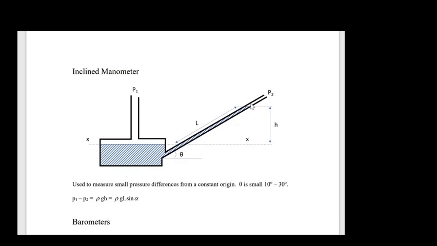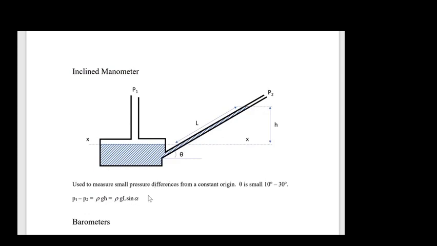So the change in length here is obviously related to the change in height. We can just use a little bit of trig, and instead of having a very small distance here, we can have a much larger distance here, which we can measure more easily depending on the angle theta. P1 minus P2 equals rho gh equals rho gL sine theta.